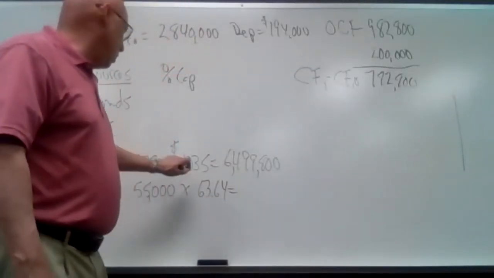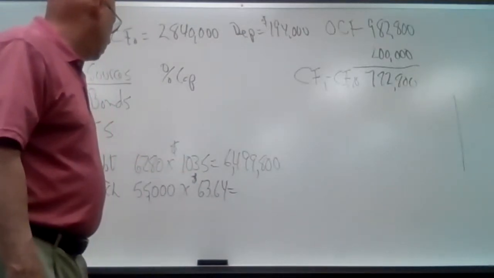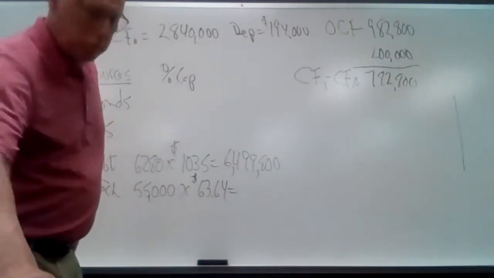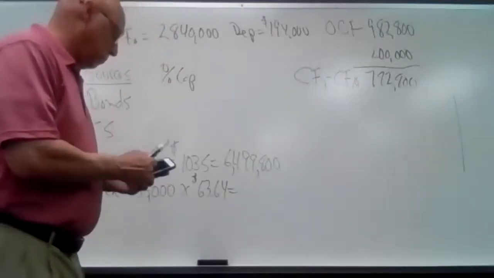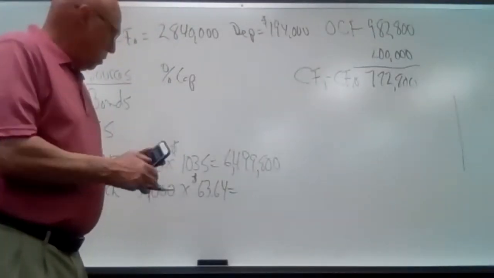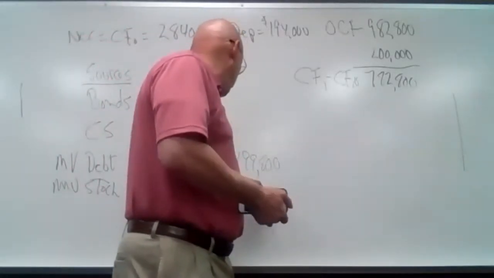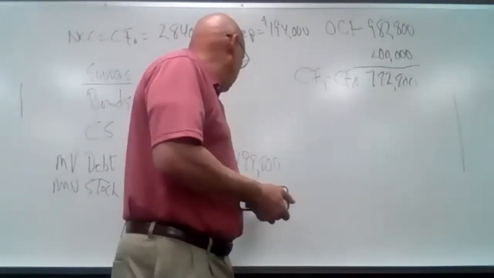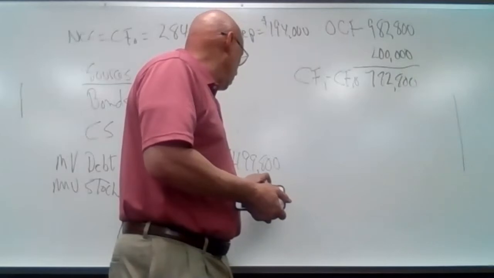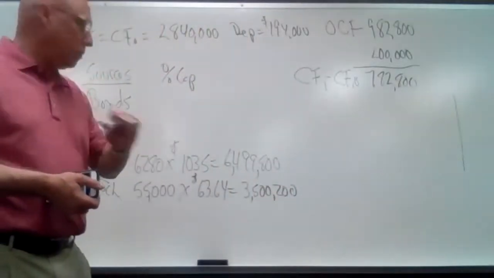All right, so somebody multiply 55,000 times 63.64. Tell me what it is. 3,500,000. 3,500,000 even? No, 200 and $200. That? Yes. All right.